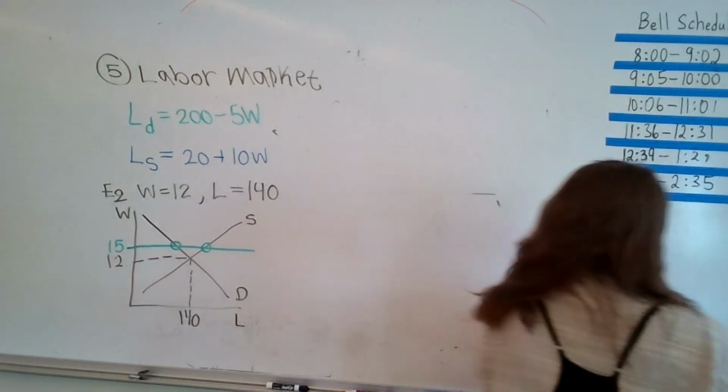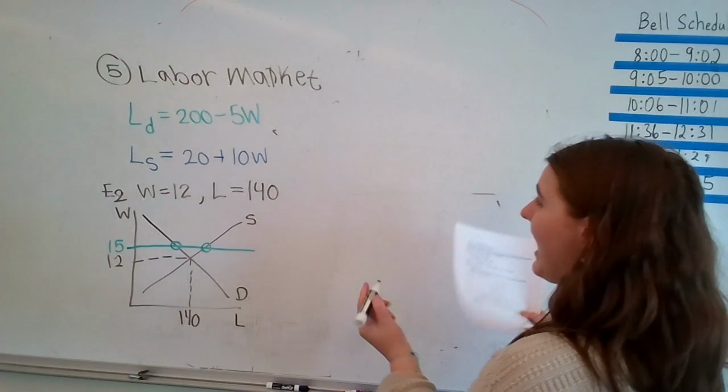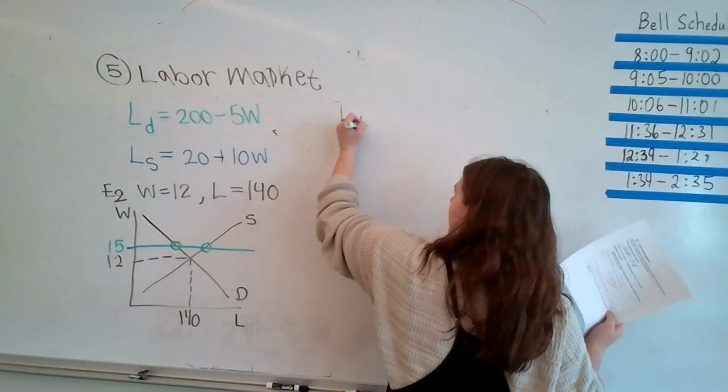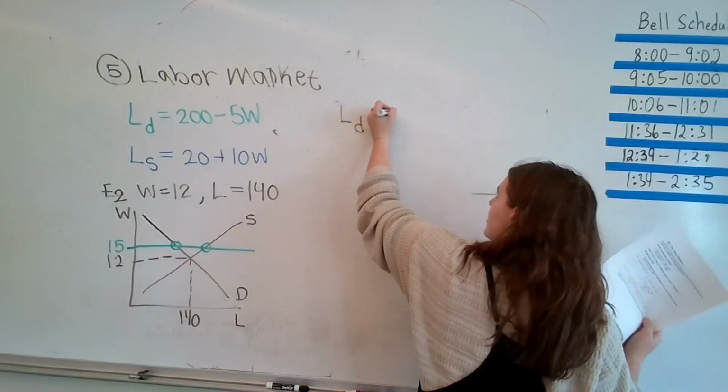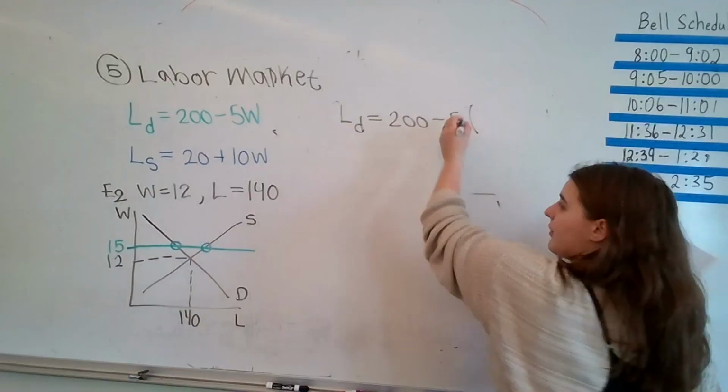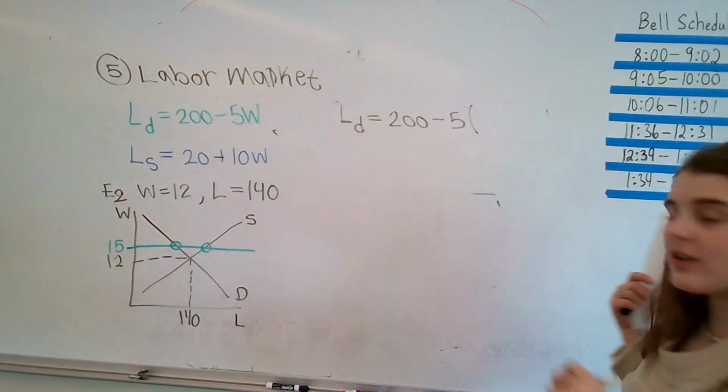So we have our labor demand, that's 200 minus 5W, and for W, it's $15 now.